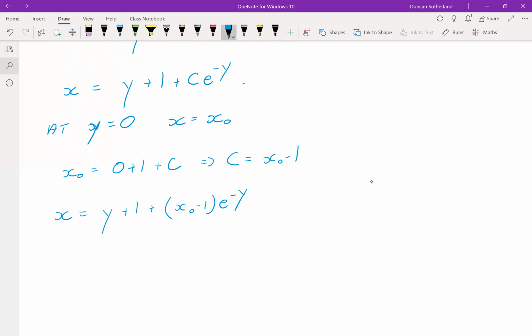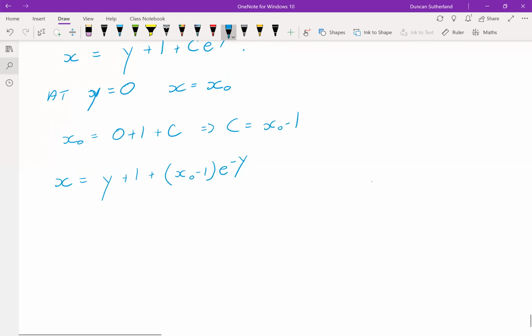Now we also have a relation between x naught and x and y. If you like, x naught defines a characteristic. So we want to figure out how that characteristic behaves. So this equation is important, but also the x naught in terms of x and y is important.